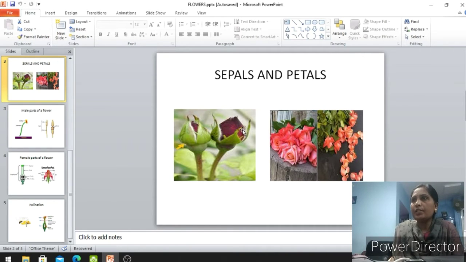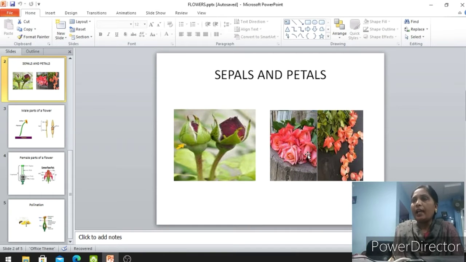When the bud grows, it blooms into a flower, right? So these sepals give protection to the bud. And then when the sepals open, the colorful petals come out. So the colorful parts in the flower are known as petals.